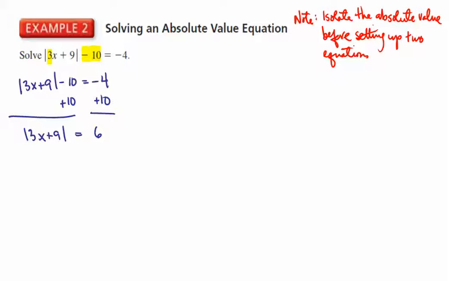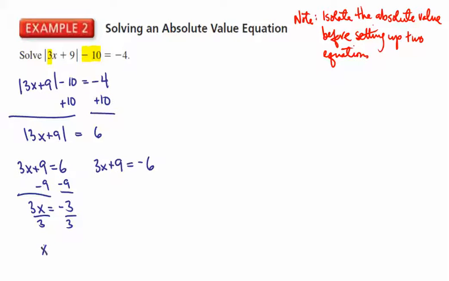Now we're ready to set up two equations. We get 3x plus 9 equals 6, and 3x plus 9 equals negative 6. From there we subtract 9 on both sides and get 3x equal to negative 3. Dividing both sides by 3, x is equal to negative 1.